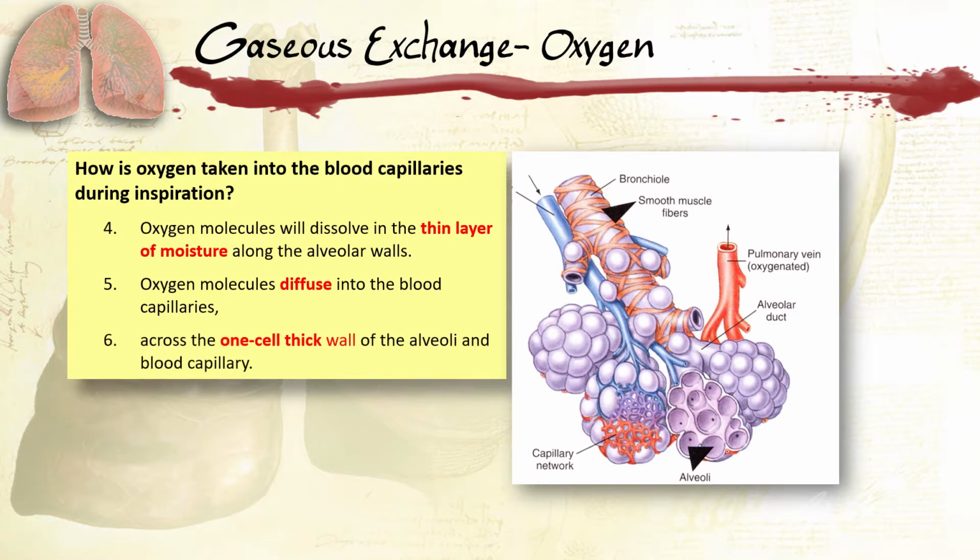So it will cross the one cell thick wall of the alveoli as well as the blood capillary. Remember, the wall of the blood capillary is also one cell thick. So it will cross two layers of wall to reach the blood.